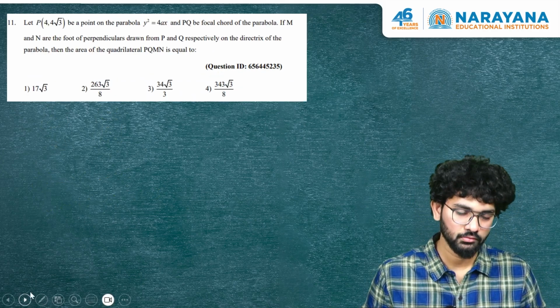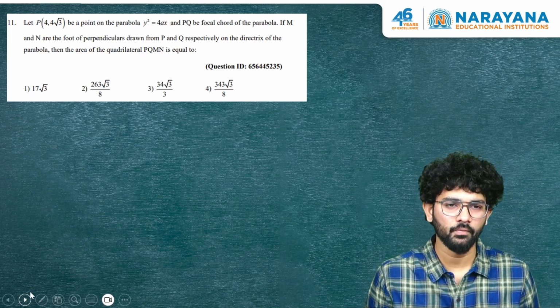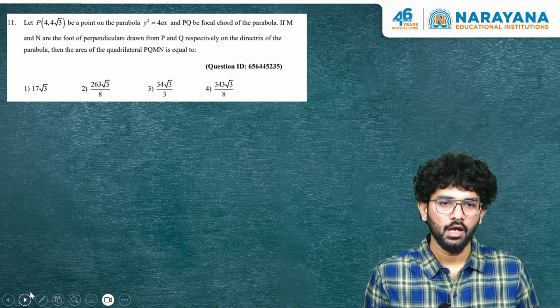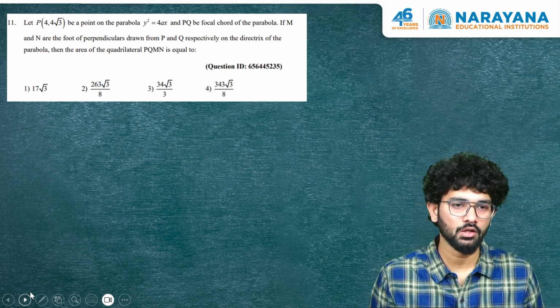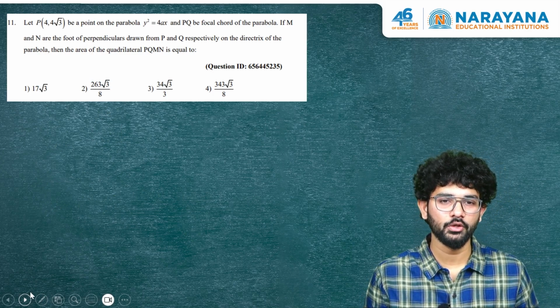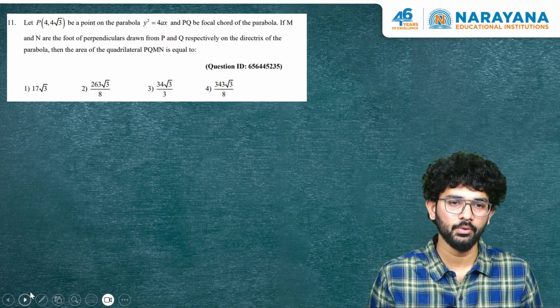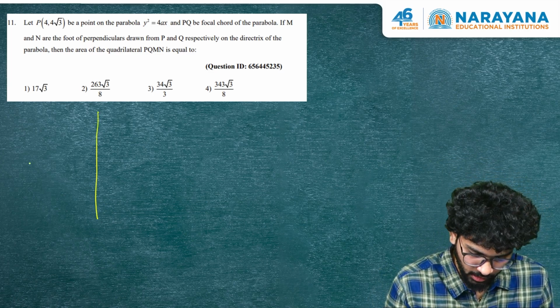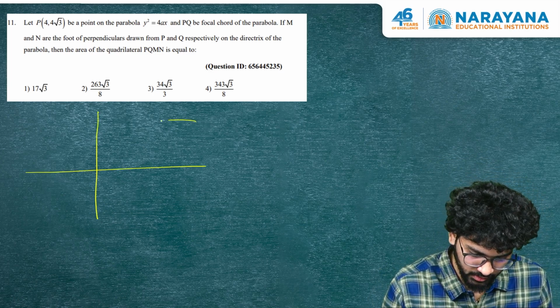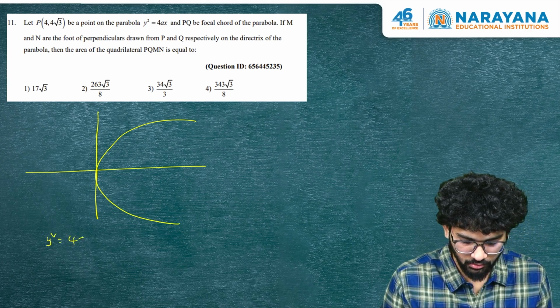Next question. Let P(4, 4 root 3) be a point on the parabola y square equal to 4ax, and PQ be a focal chord of the parabola. If M and N are the foot of perpendiculars drawn from P and Q respectively on the directrix of the parabola, then the area of the quadrilateral PQMN is equal to. If you draw the rough diagram, this is a standard parabola, y square equal to 4ax.